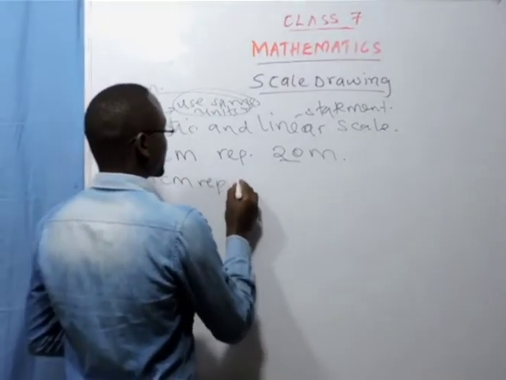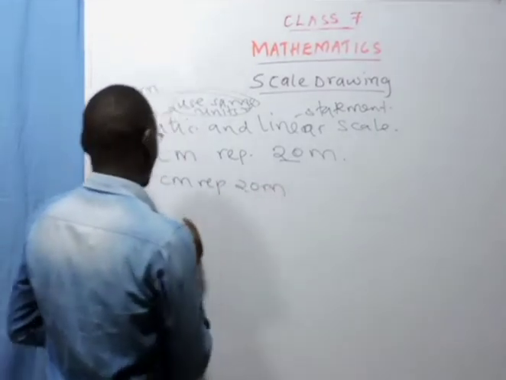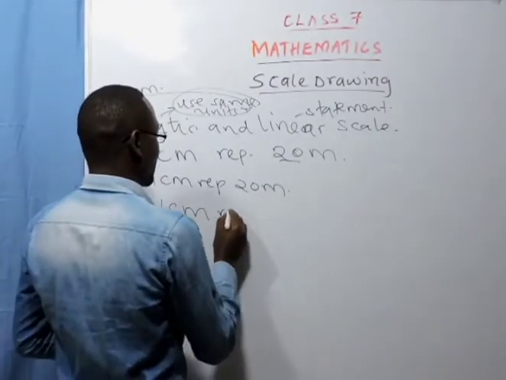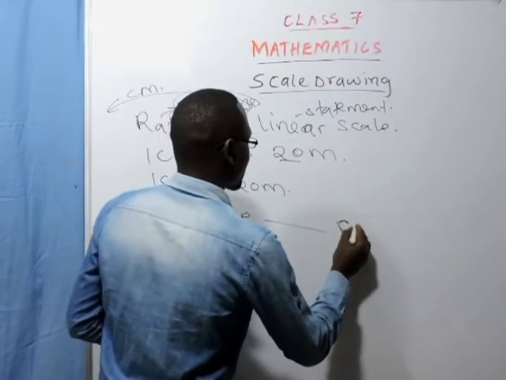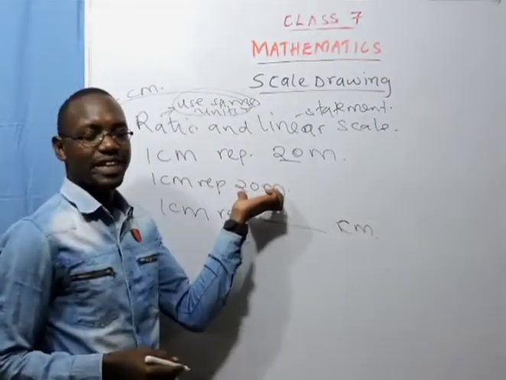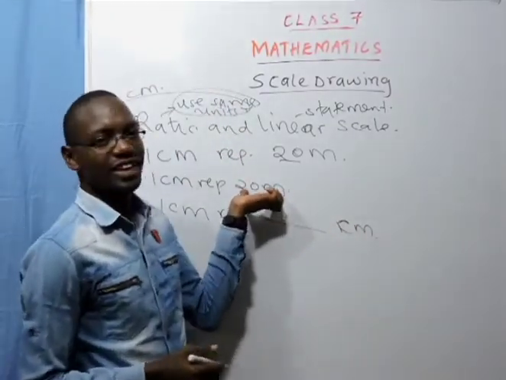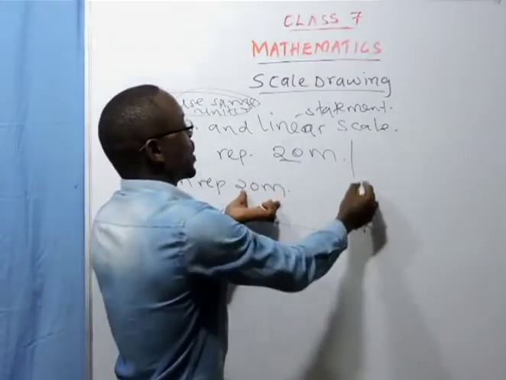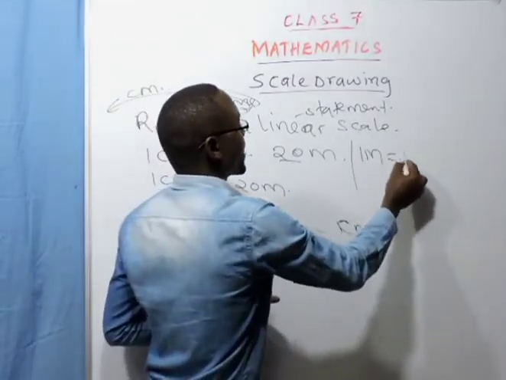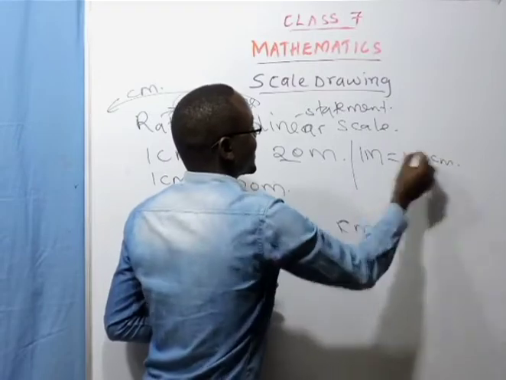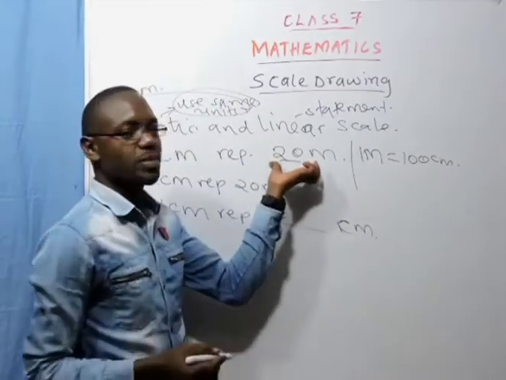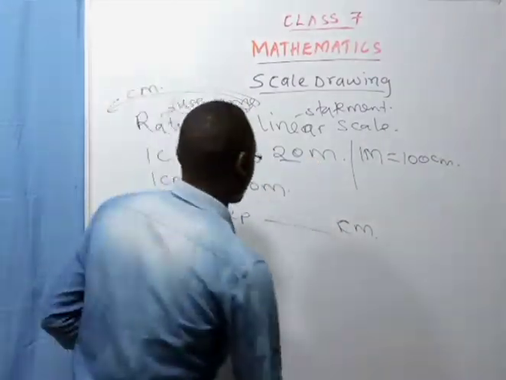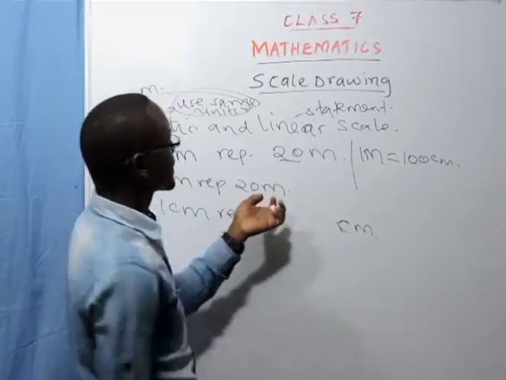1 centimeter represents 20 meters can be written as 1 centimeter represents dash centimeters. So we have to convert these meters to centimeters. What is the relationship between meters and centimeters? We say that 1 meter is equivalent to 100 centimeters. So convert these 20 meters to centimeters. How do we convert meters to centimeters?